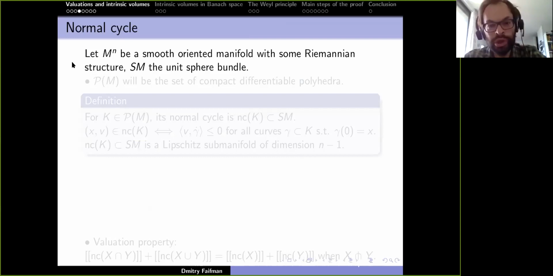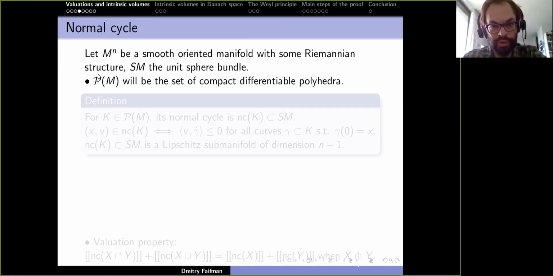And we need some collection of test bodies to replace convex sets. So for us, P(M) will be differentiable polyhedra. So notice how there's no assumption of convexity here. It's not the only possible choice, but good enough for us.